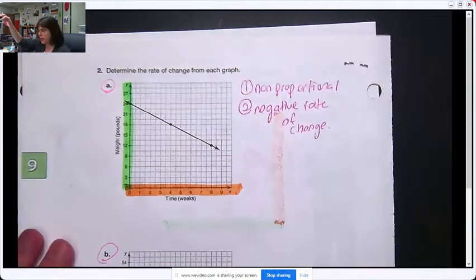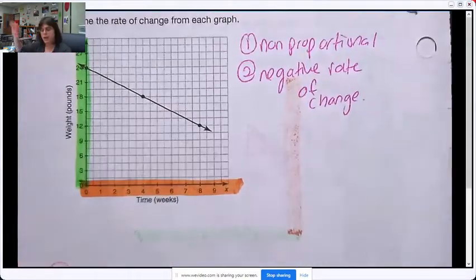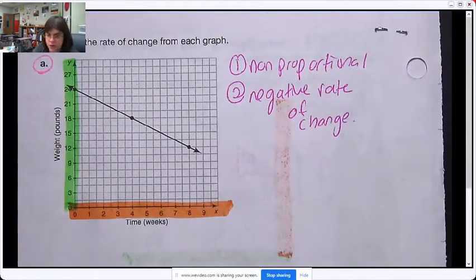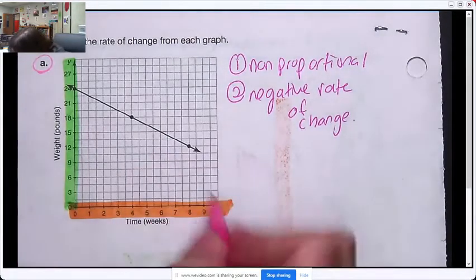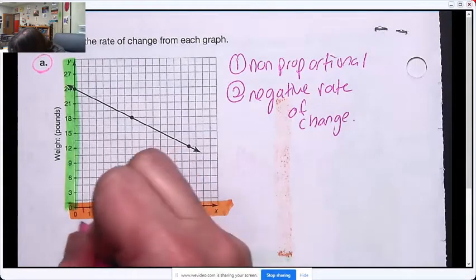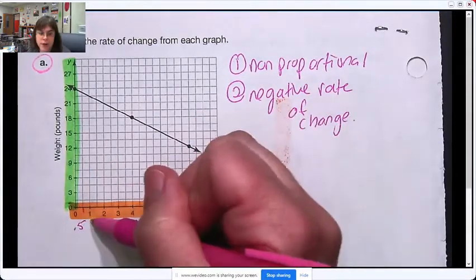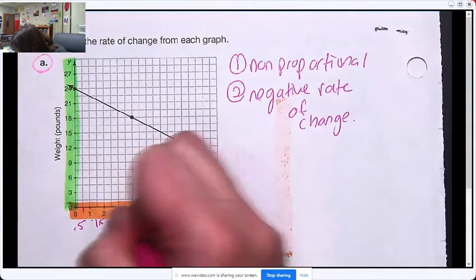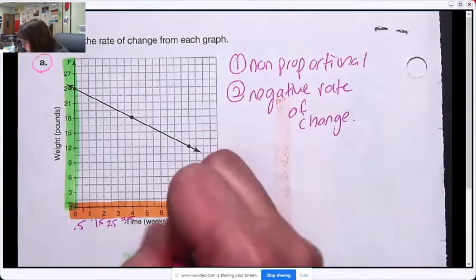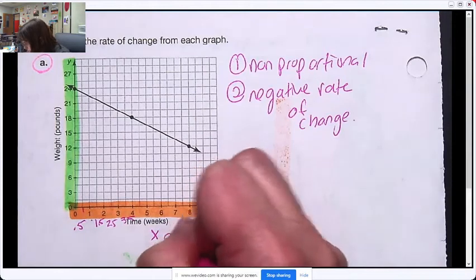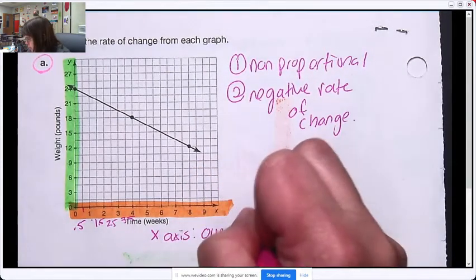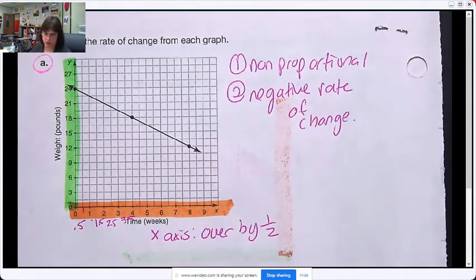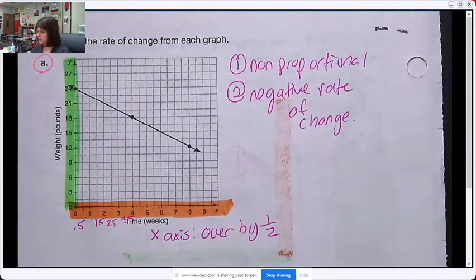I'm going to zoom this way in. Now I need to figure out what my x-axis is doing. Okay, so I can come over and see, oh, look, there's a space. So 0.5. I divide 1 by 2, and that's what I got, 0.5. So 0.5, 1.5, 2.5, 3.5. So I'm going to say x-axis over by 1/2, or 0.5. Then I need to look at my y-axis.